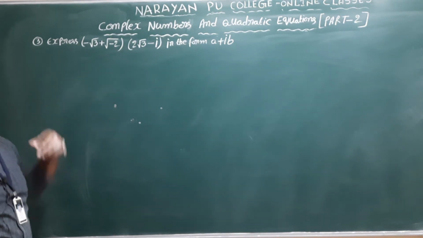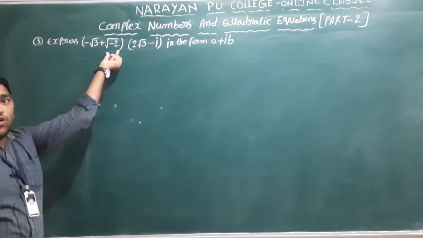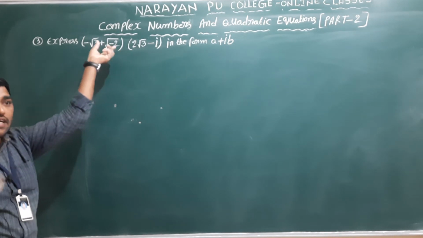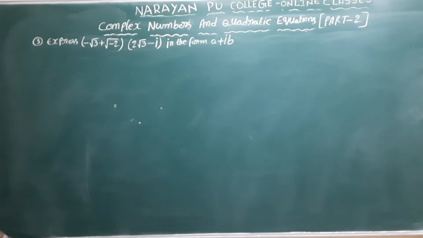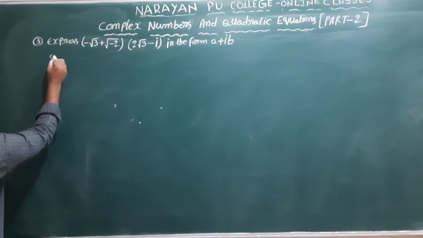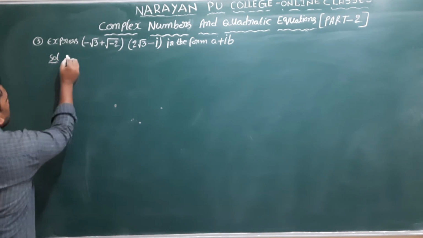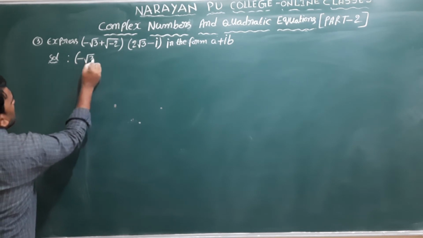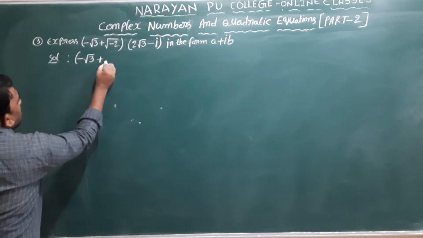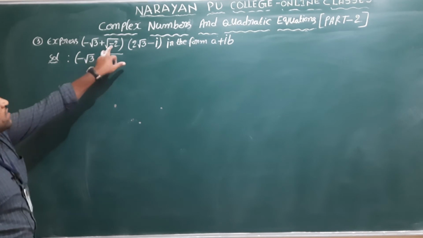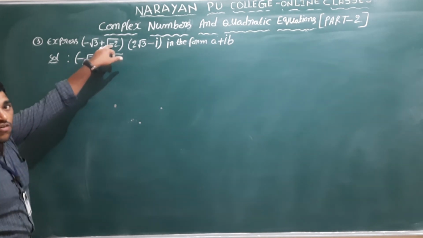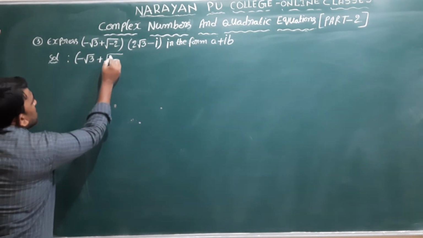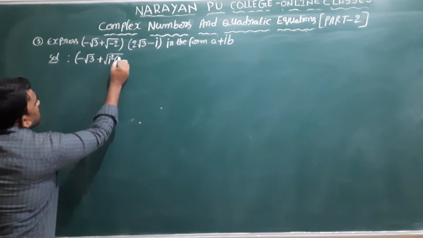Before going to multiply, here inside the root a negative number is there, that we can convert into a positive number. Then how is it? See, minus root 3 plus root over, this we can write minus 1 into 2. So minus 1 we can write i square, i square value is minus 1, into 2.